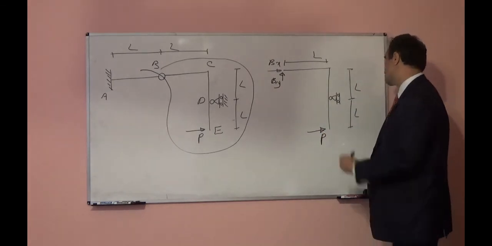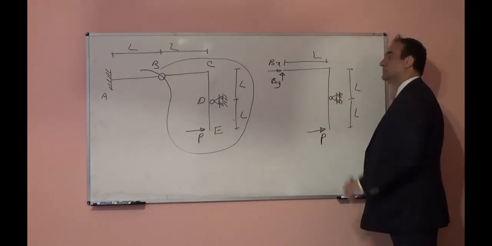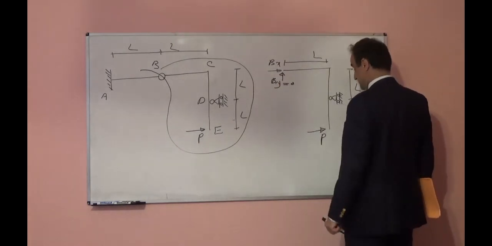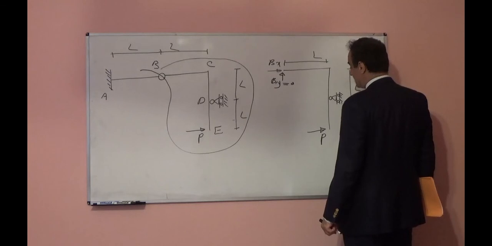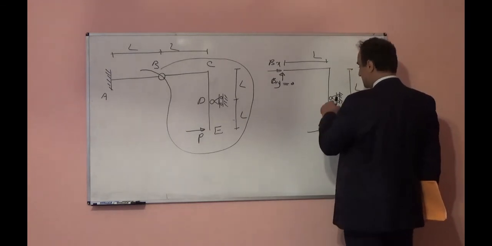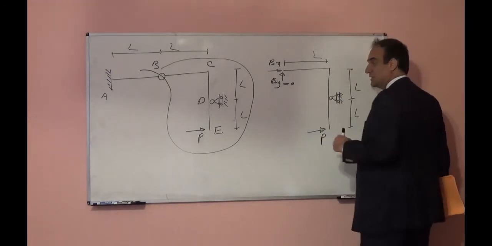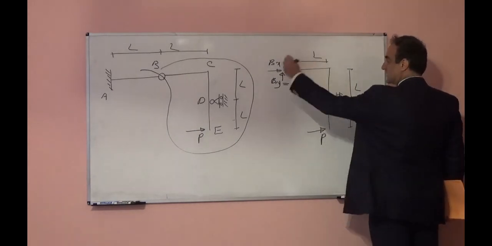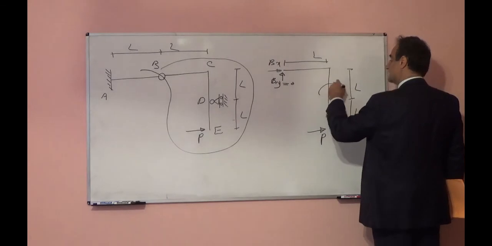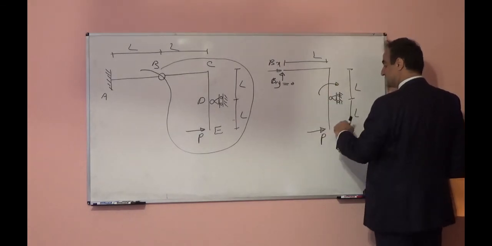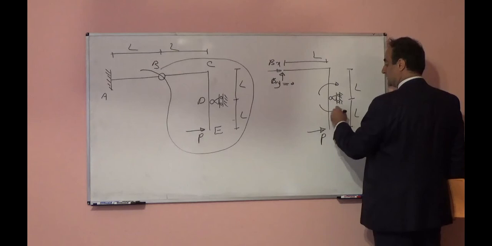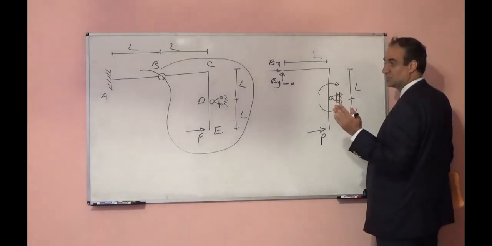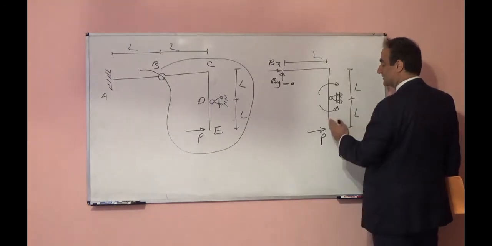Summation of forces in the vertical direction is equal to 0. From there you can understand Dy is equal to 0. Summation of moment with respect to here should be equal to 0. Why? Because the top side will create a moment clockwise, the bottom side will create a moment counterclockwise. They should balance each other and cancel out each other's effect.